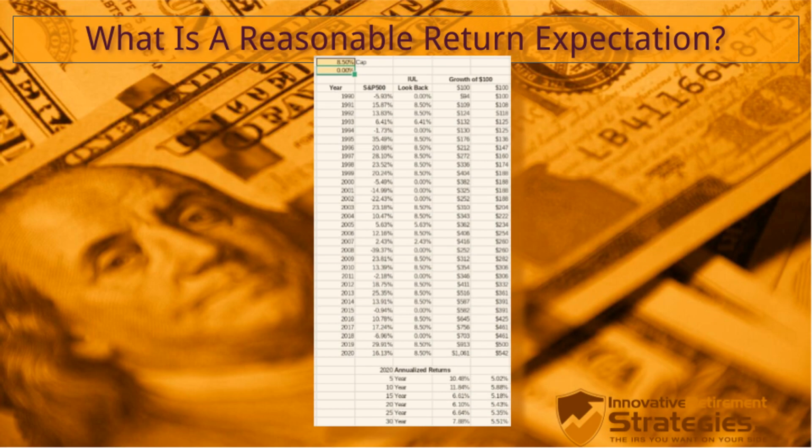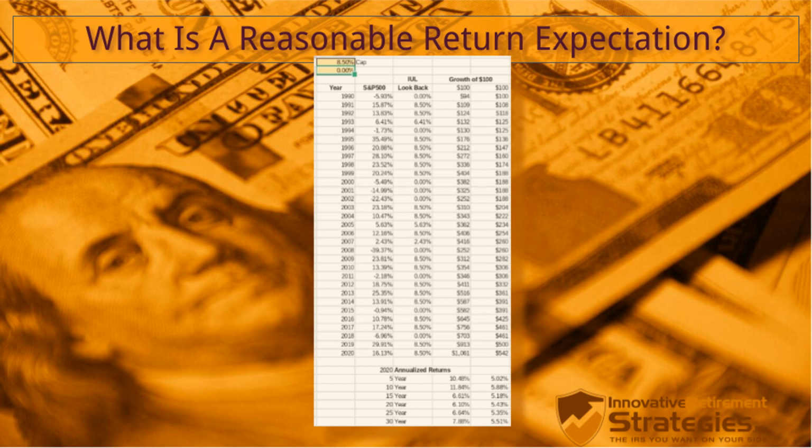So what I have here is 31 years of the changes in the market index from 1990 through 2020. And the column labeled S&P 500 is showing you the year-to-year change in the index.